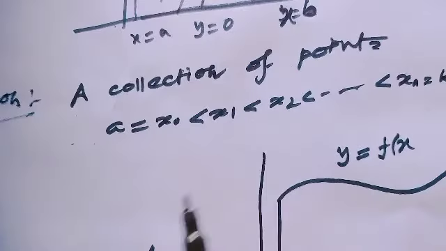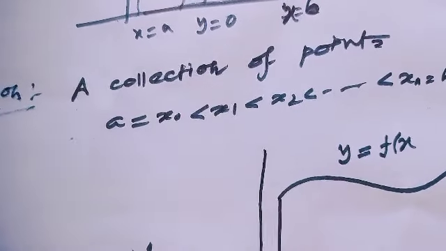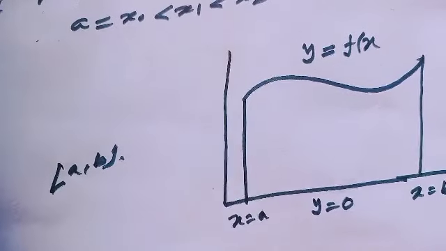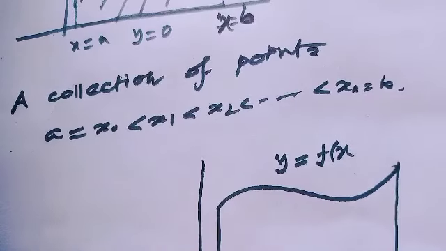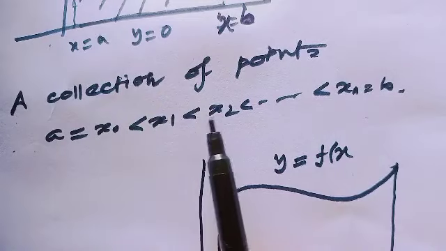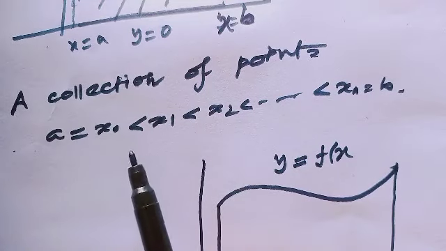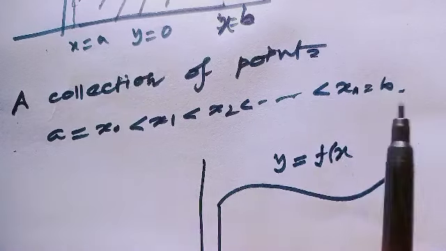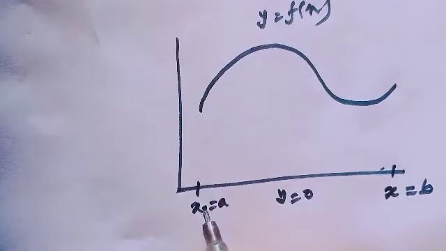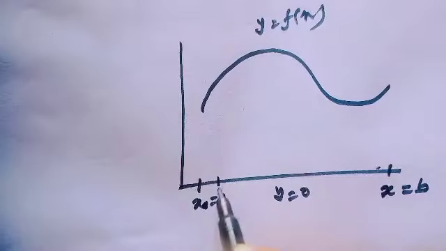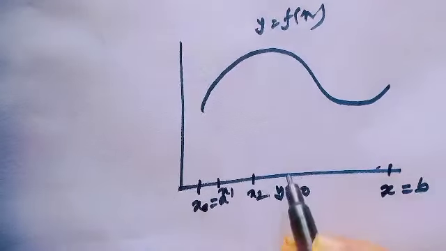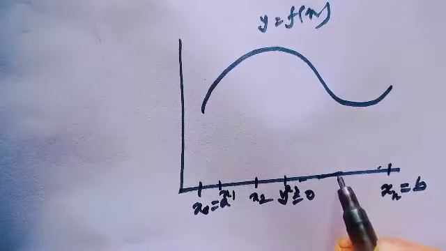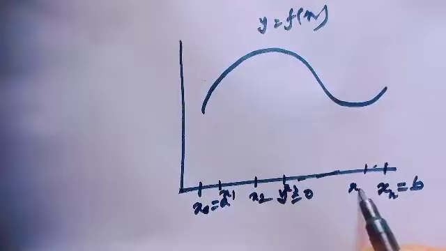Okay. Here the main idea is, notice the closed interval [a, b]. At first, partition the interval such that a equal to x0 less than x1 less than x2 up to xn equal to b. At first partition the points a equal to x0, x1, x2, x3 up to xn equal to b. This is xn minus 1.